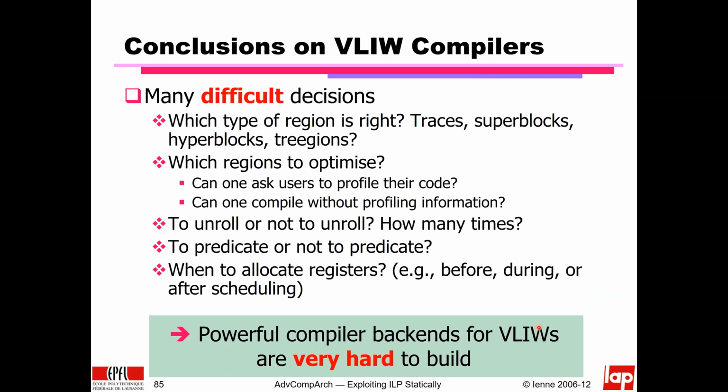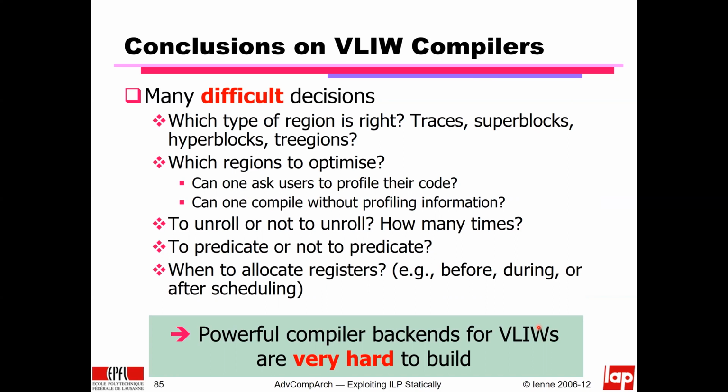It's actually a combinatorial problem. I can do a gazillion different transformations of my program. Some are completely stupid, but some combination of very strange optimizations may lead to a code that is actually very efficient. But which one? How do I find out? And it's extremely hard, it's extremely time consuming.